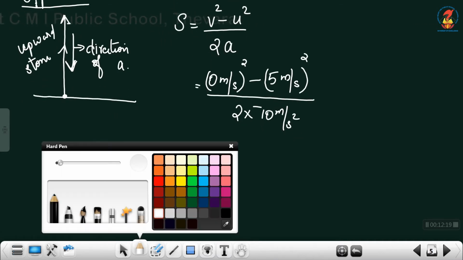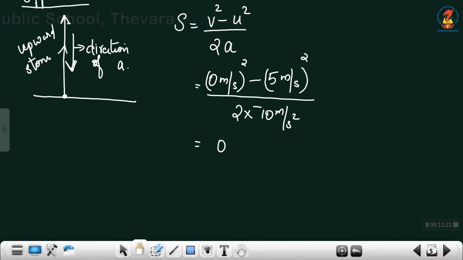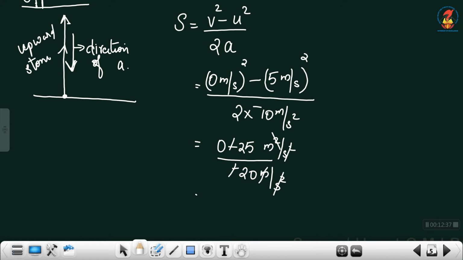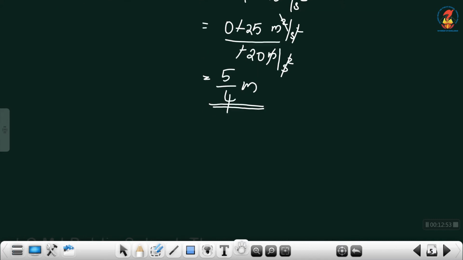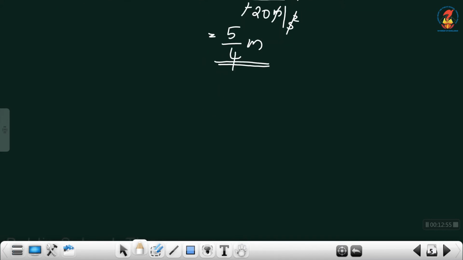That is 0 minus 25 meter square by second square divided by minus 20 meter per second square. Minus and minus get cancelled. So 25 by 20, that is 5 by 4 meter.